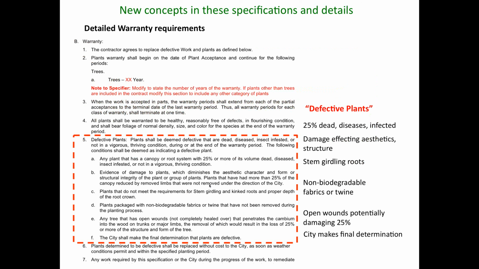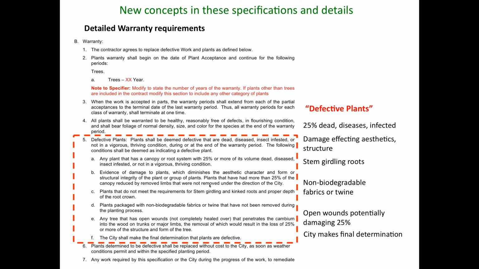Another new concept that you're going to find in this specification is quite a different warranty than you may be familiar with. I have a real problem with the plant warranties in that they basically relieve the contractor from any problems after the end of the warranty period. And I can make a tree stay alive through the warranty period fairly quickly and still end up with a tree that is not the quality that I would like to see in my projects.